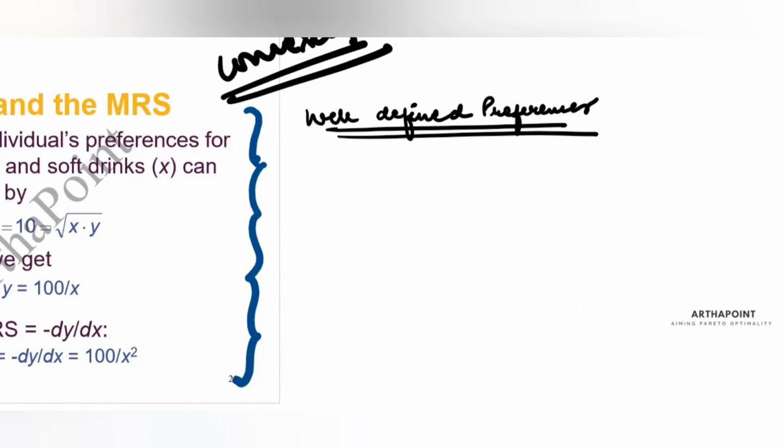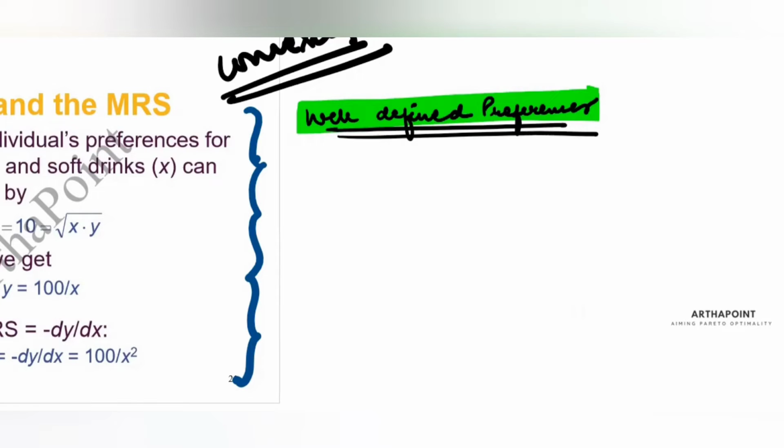When we find an indifference curve mathematically which satisfies all such properties, it is known as a well-defined indifference curve or well-defined preferences.